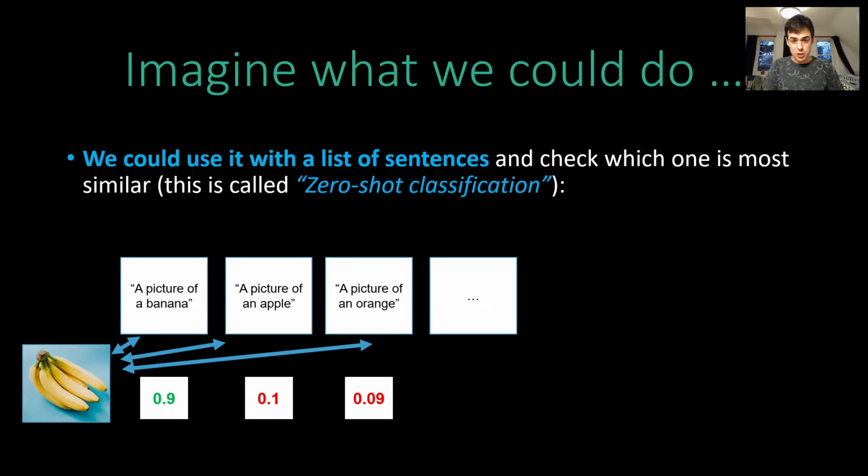This is called zero-shot classification, because if we had this model which was trained somewhere, magically occurred from space and fell into our hands, we don't really have to show it any new samples or any new labels. We can just use it as a zero-shot classifier.